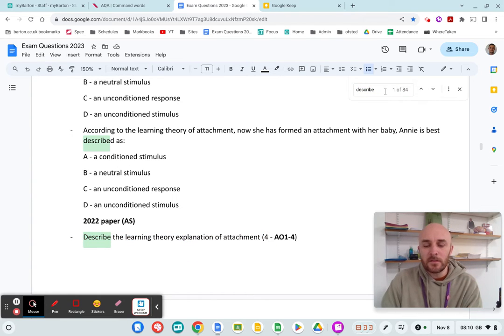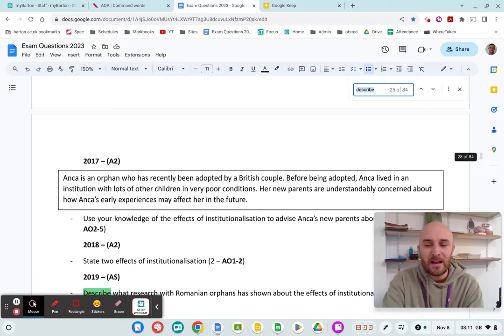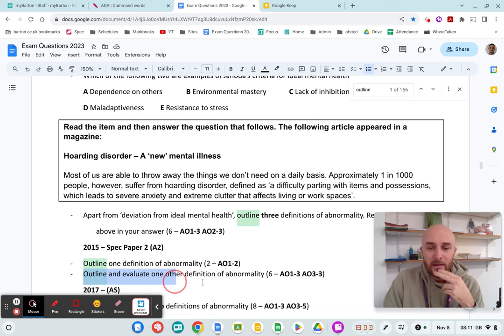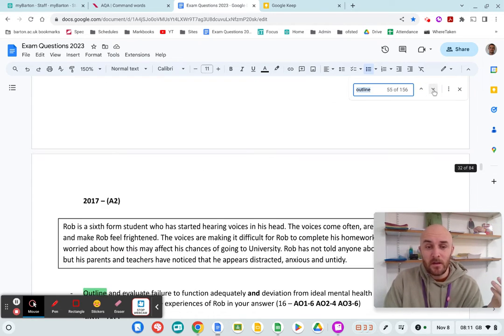The other one I want to just mention as well, it does come up quite a lot, is outline. Now, outline is essentially you want to give the main characteristics. So, yes, you do get outline for 6 marks, but often it's with an evaluation. It's quite rare, not impossible, but it's rare that you get just outline for 6 marks.